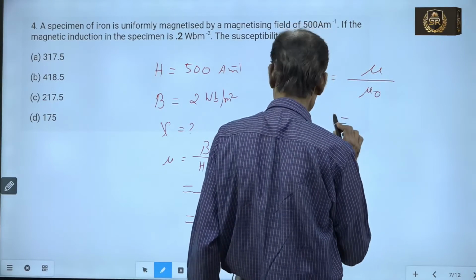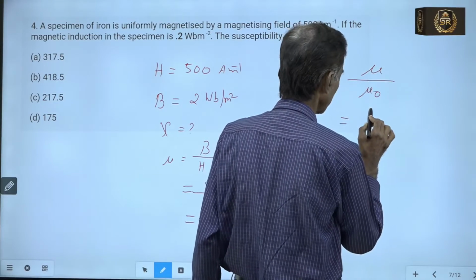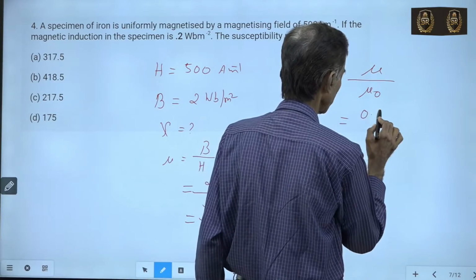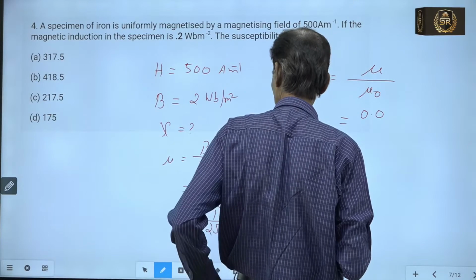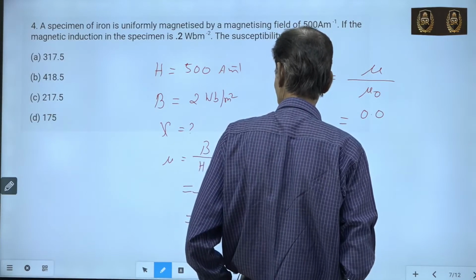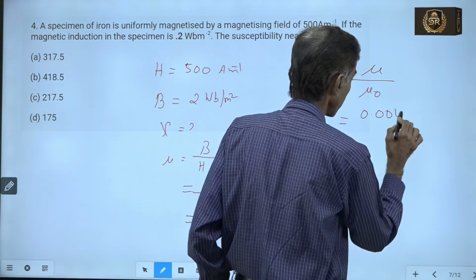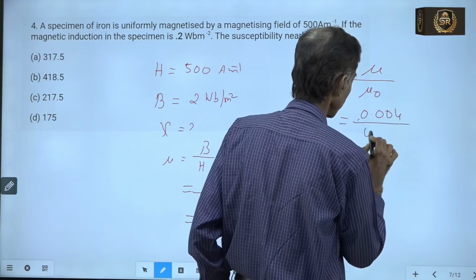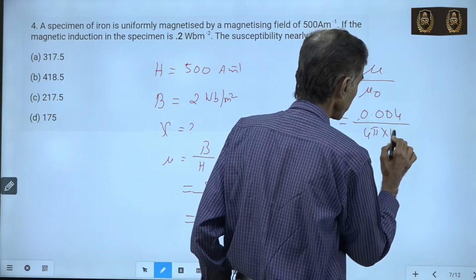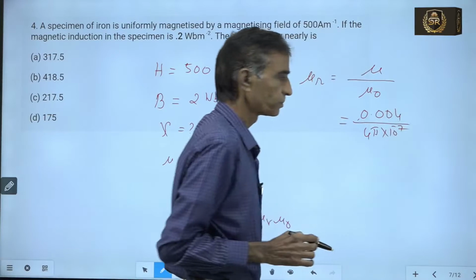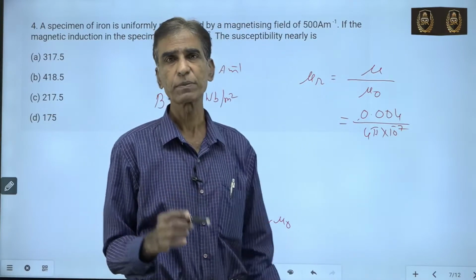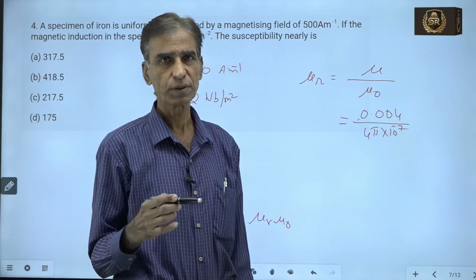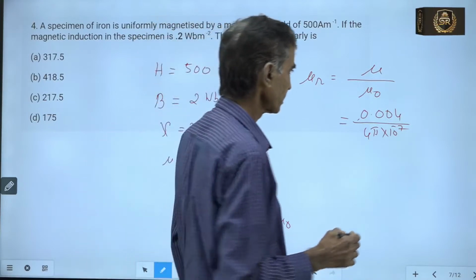So, what is mu? 1 by 250 means 0.004, divided by 4 pi into 10 power minus 7. Because we know mu naught, the absolute permeability, is 4 pi into 10 power minus 7.